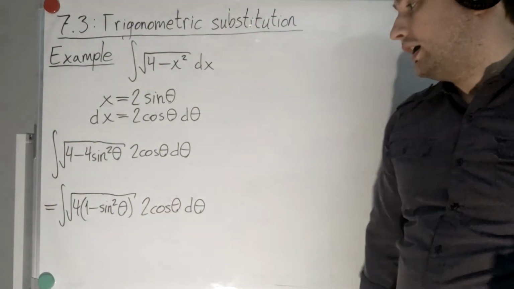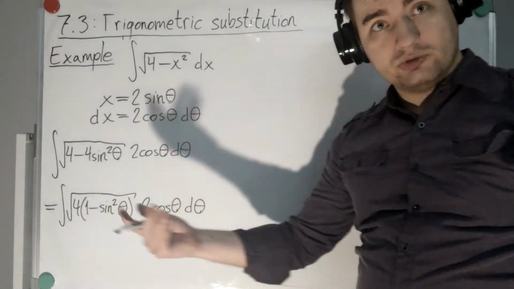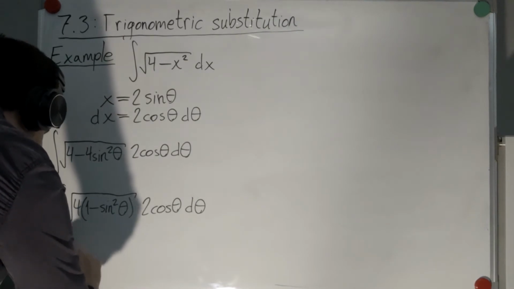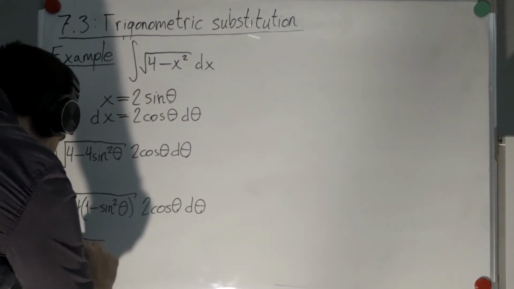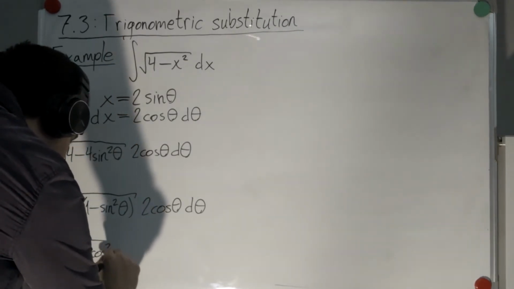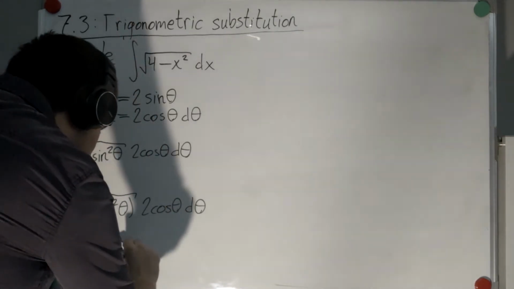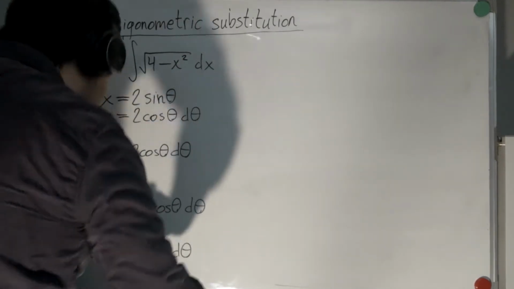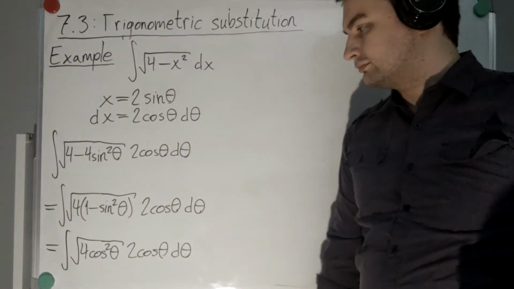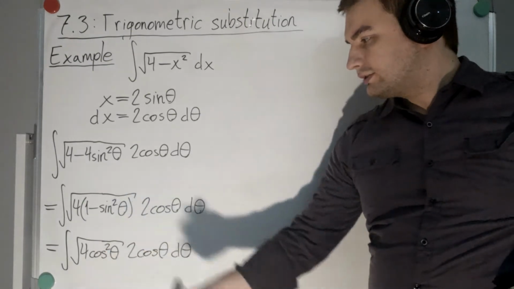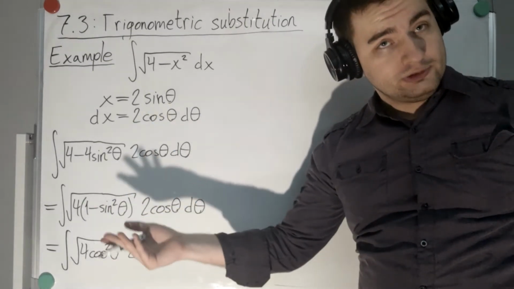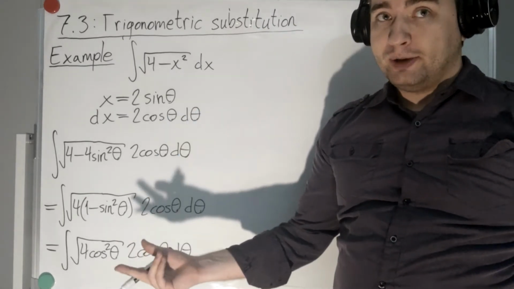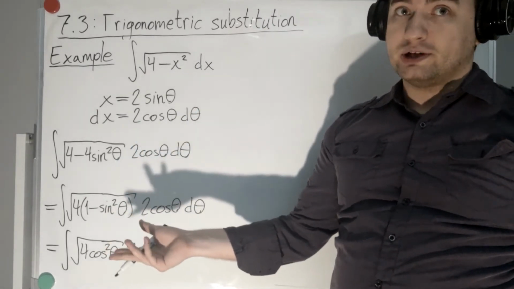Now from here, like I said, 1 minus sine squared is cosine squared, so we can go ahead and put that in. So this becomes the integral of the square root of 4 cosine squared theta times 2 cosine theta d theta. So then you take the square root of 4, which is 2, and the square root of cosine squared theta, and strictly speaking, that's just the absolute value of cosine theta.